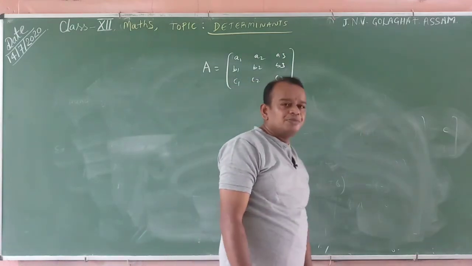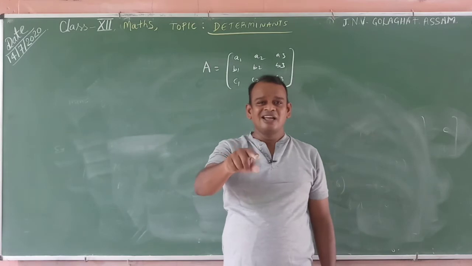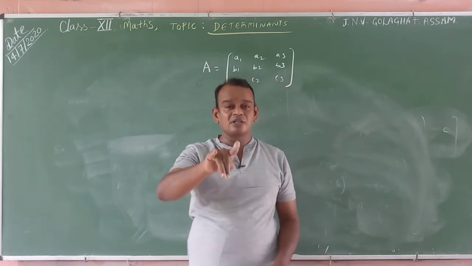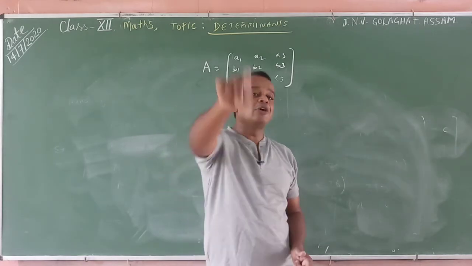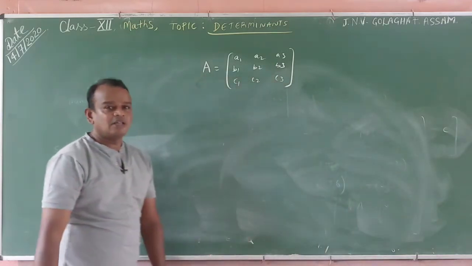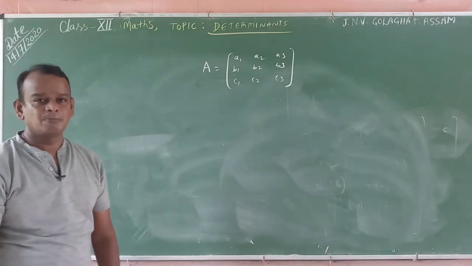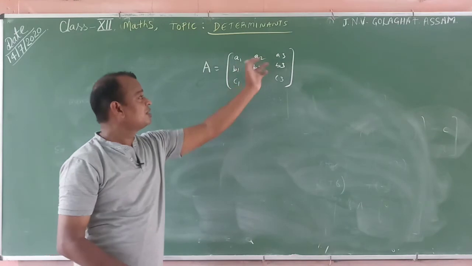The sum of the product of the elements of any row or any column with their corresponding cofactors is called the determinant of the square matrix of order 3 by 3. Any row, any column we can take. 3 rows, 3 columns.